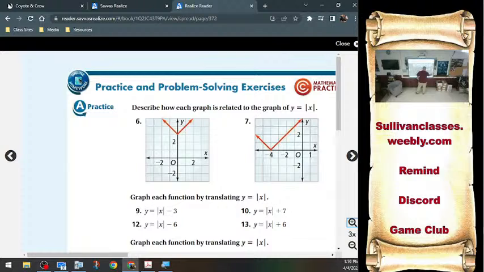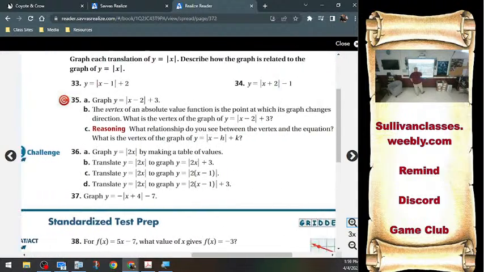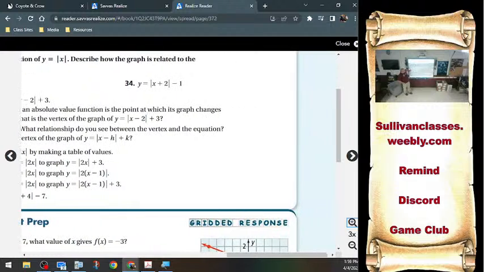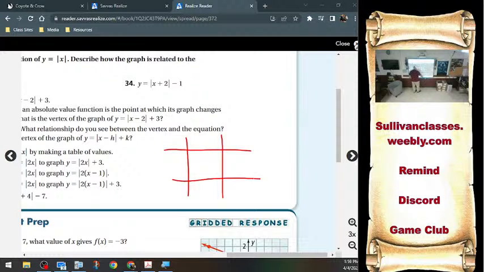34, said, graph each of these, describe how the graph is related. Our little cheater chart says, if I have x minus h plus k, something inside, something outside.